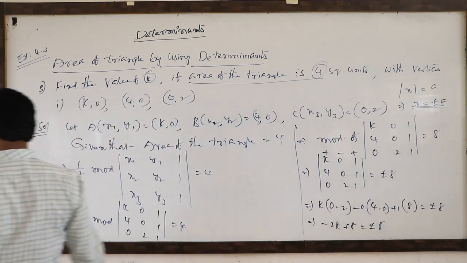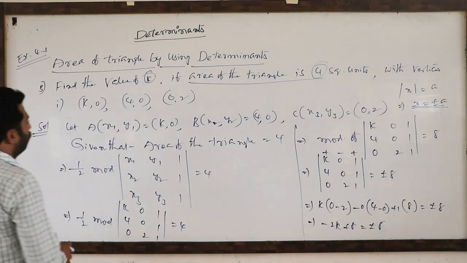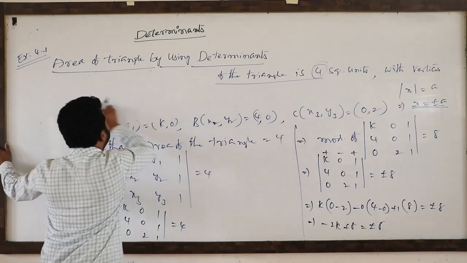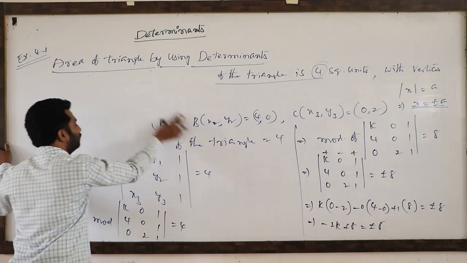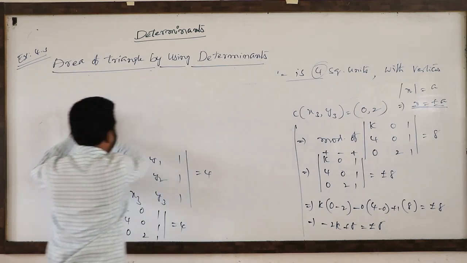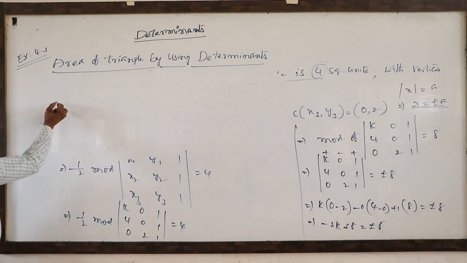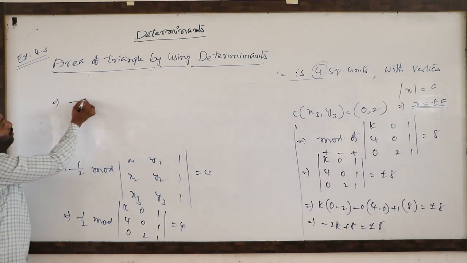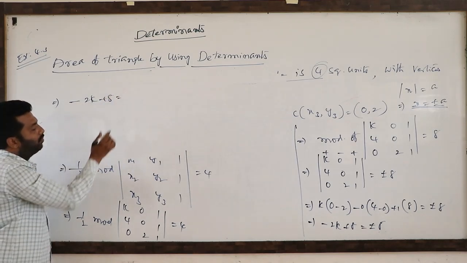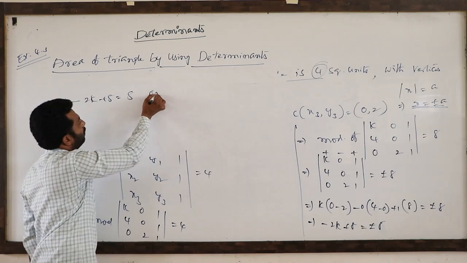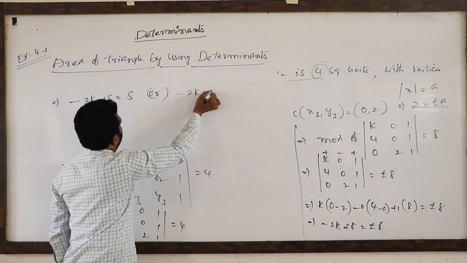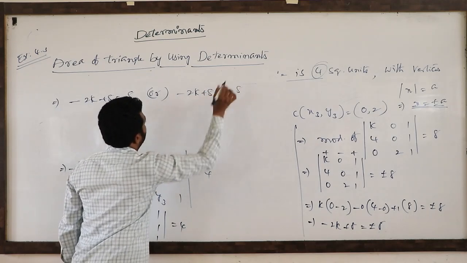So two cases we have to consider. What are the two cases? You observe. One is positive: minus 2k plus 8 equals plus 8, or minus 2k plus 8 equals minus 8.